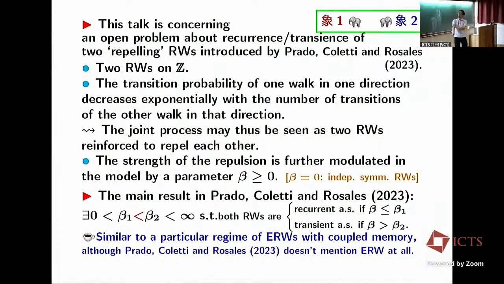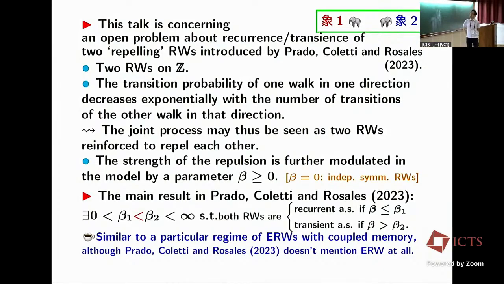As I said earlier, in this paper they do not mention the elephant random walk at all, but from this informal description of the transition, you may feel this process is quite similar to coupled elephant random walks.